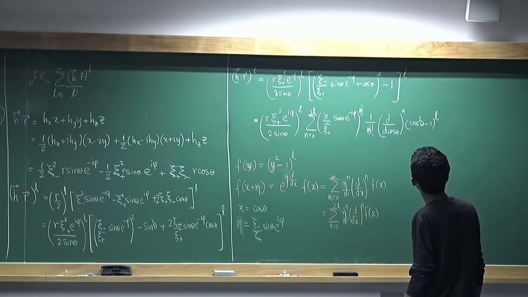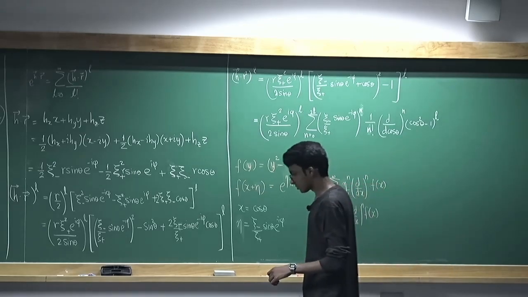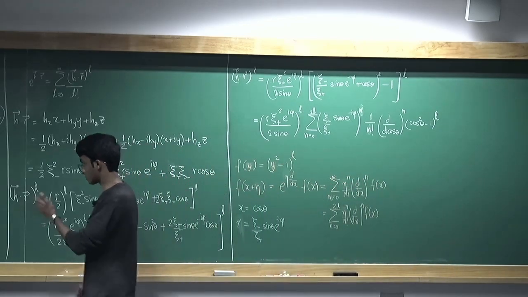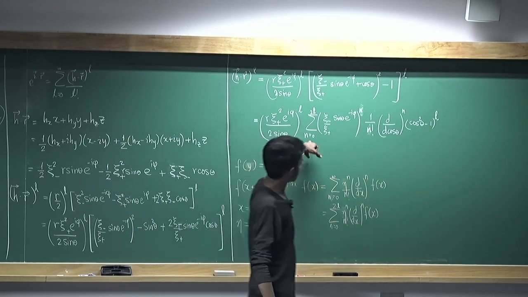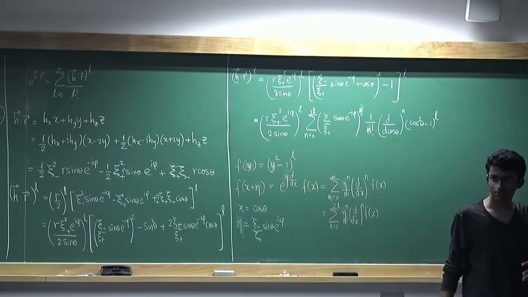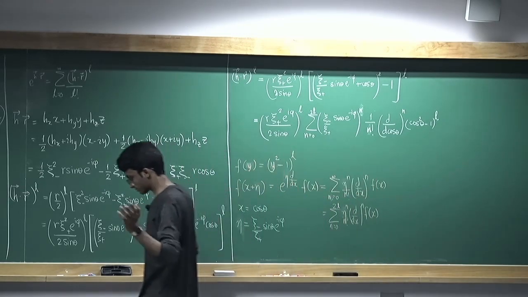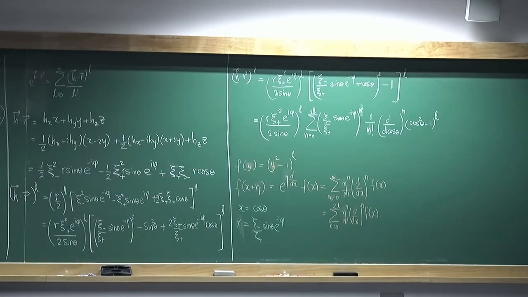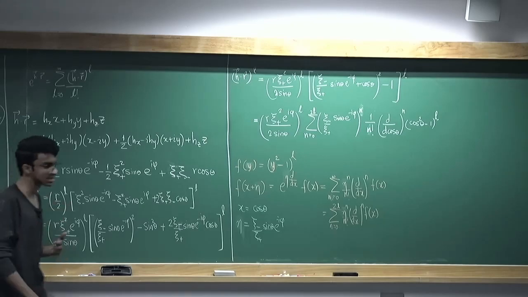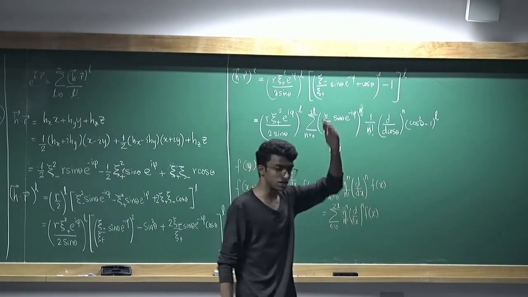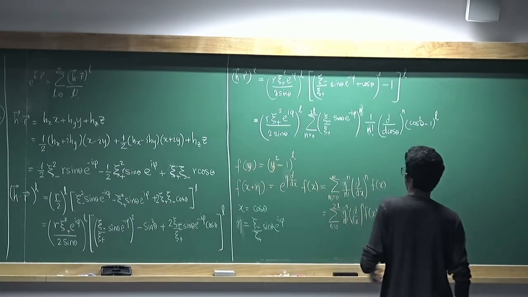Now, to bring it into a more familiar form, this is what we've been doing for a while, I want this sum to go from minus L to L, right? Because in quantum mechanics, for example, you have these 2L plus 1. If you're doing representation theory, you have 2L plus 1 states, and the states go from m equal to minus L to m equal to plus L. Okay, and that's the usual thing, and that's what I want to reproduce.